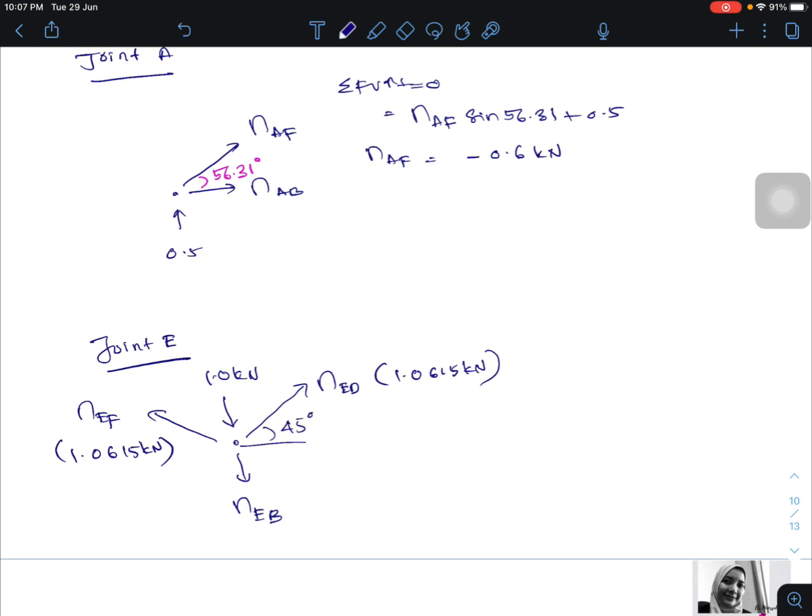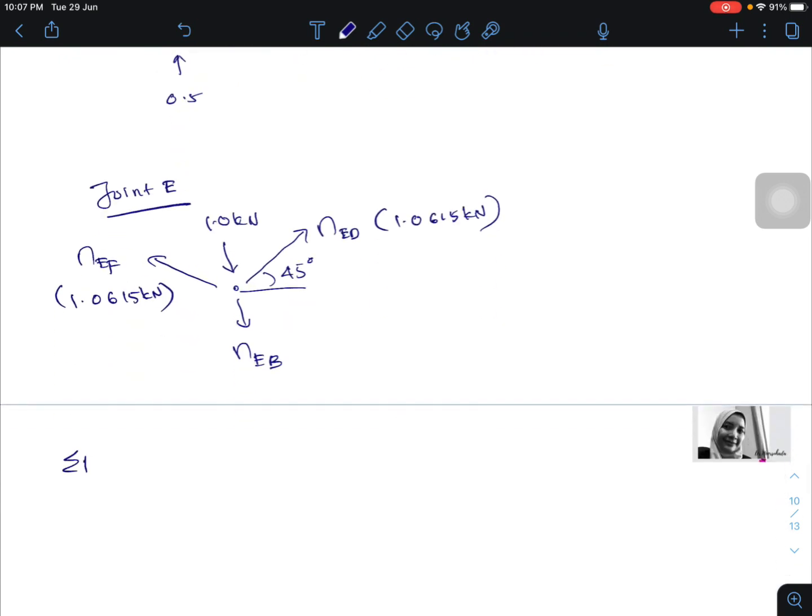Okay, so now we use the vertical equilibrium equation. So sum of FV equals 0. The 1.0 is in the downward direction, so it is negative 1.0 plus NED sine 45 degree for this one, and then plus NEF sine 45 degree for this one, minus NEB.